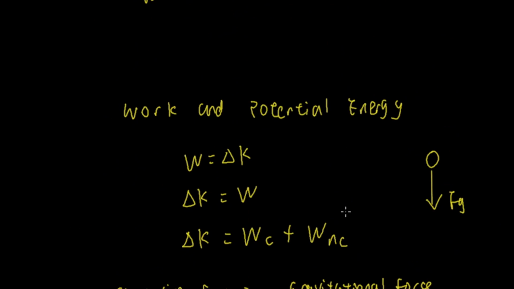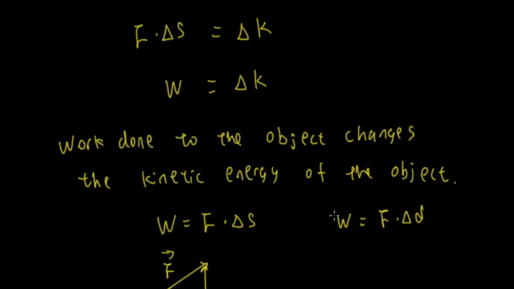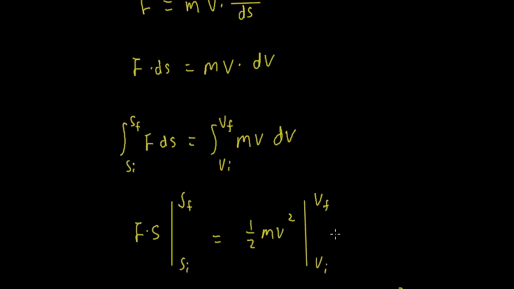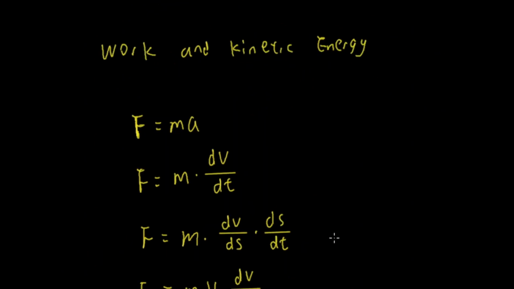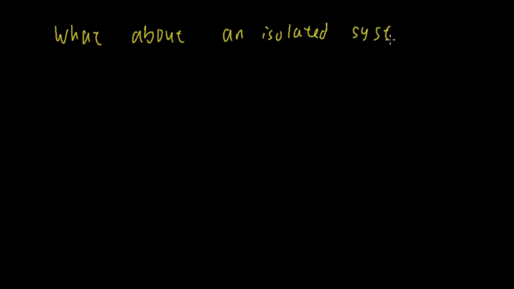Now, let's talk about a system of energy, right? With more than just kinetic and potential energy. Let's ask this question here, or answer this question. What about an isolated system with thermal energy?